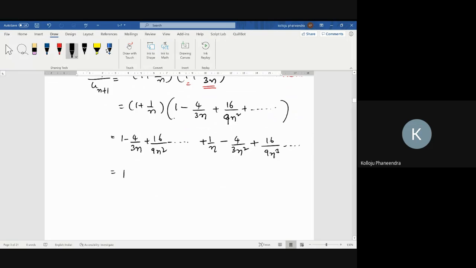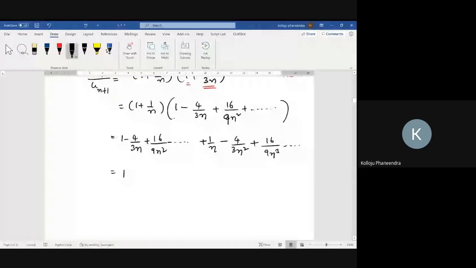So this 1 as usual. 1, and 4 by 3n minus... that is nothing but minus 4 by 3n plus 1 by n, so minus 1 by 3n.